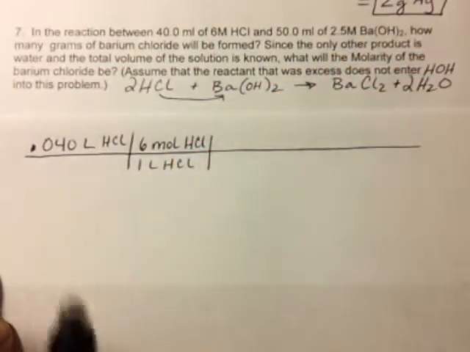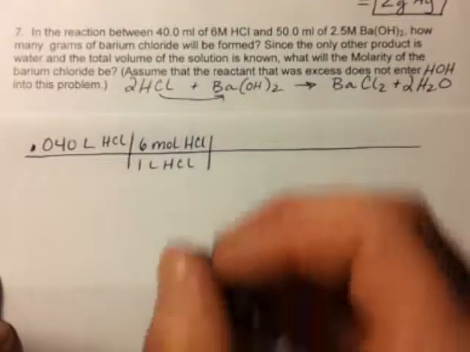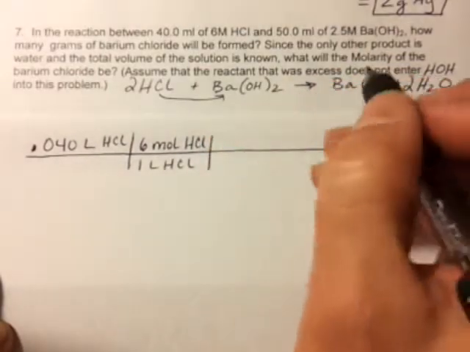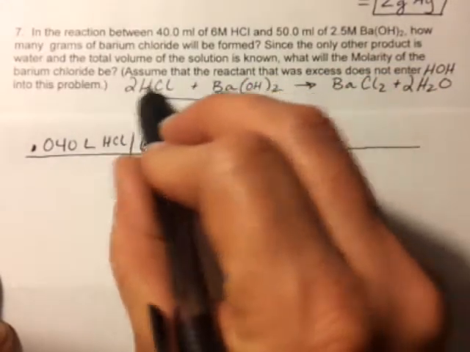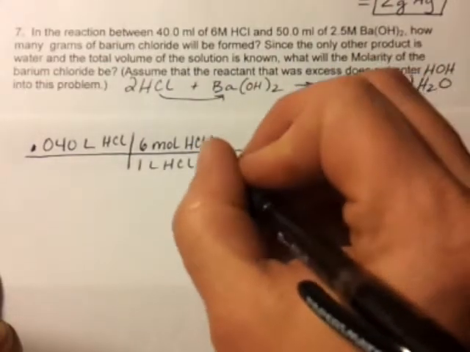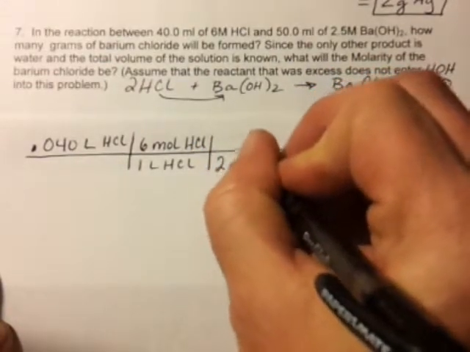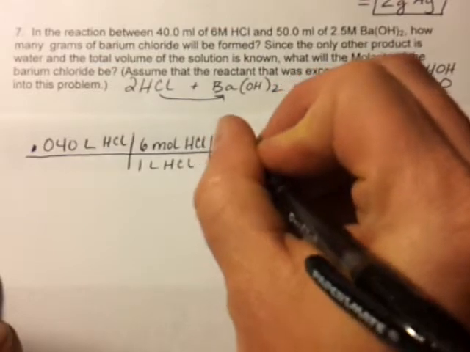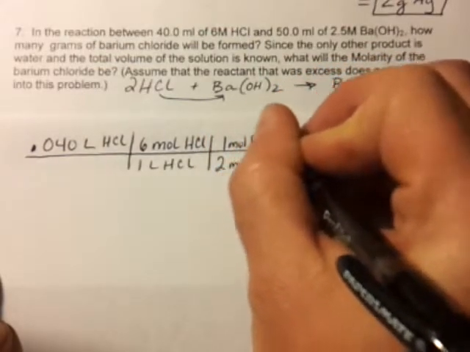I also know that I want to jump from HCl to barium hydroxide, so I'm going to use the mole-to-mole ratio in the problem, the 2-to-1 ratio, to do that. So I know I've got 2 moles of HCl for every 1 mole of barium hydroxide.